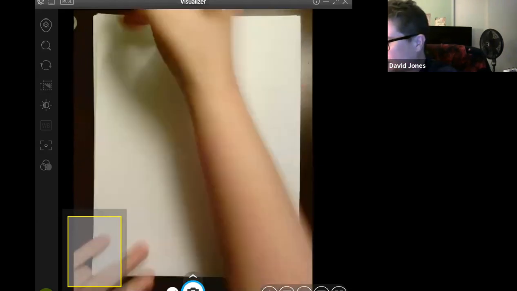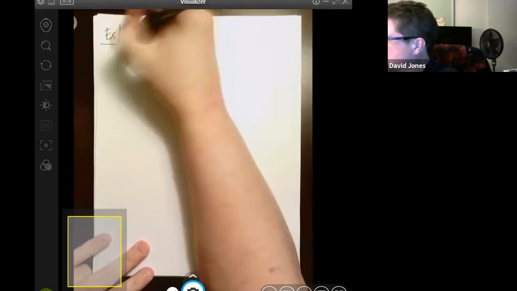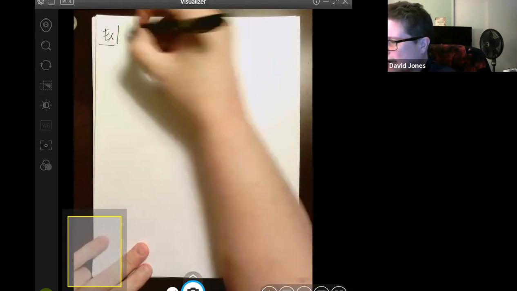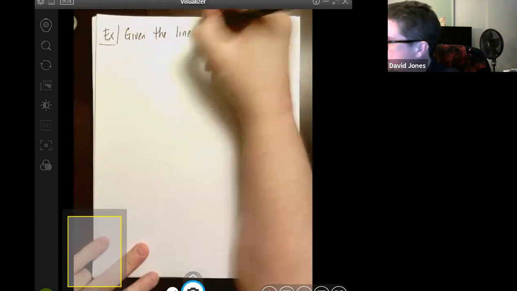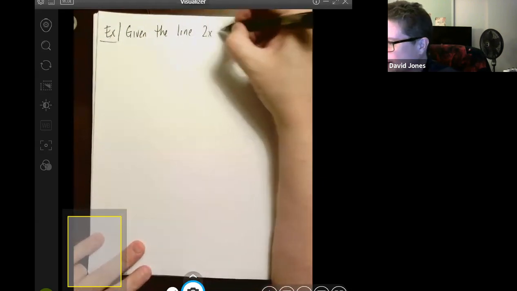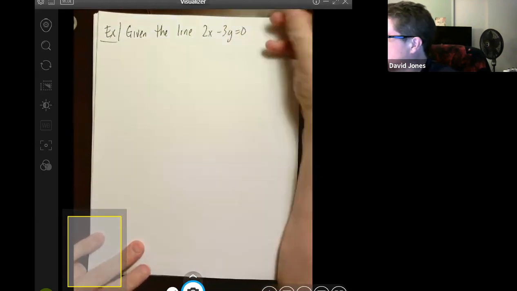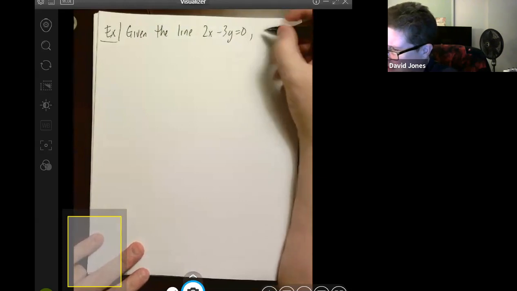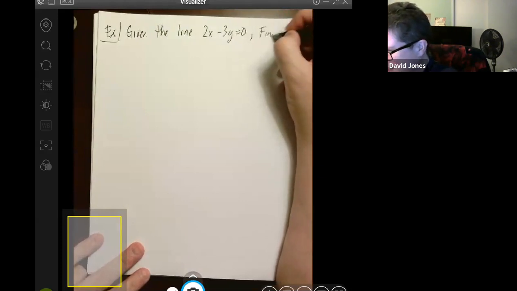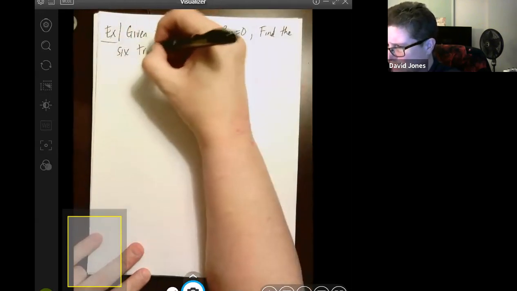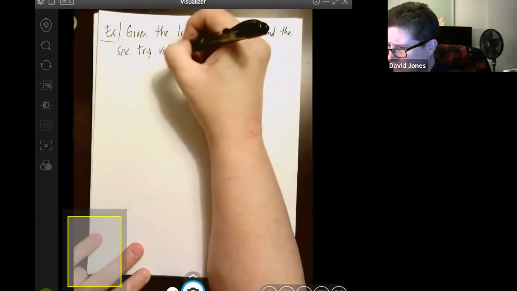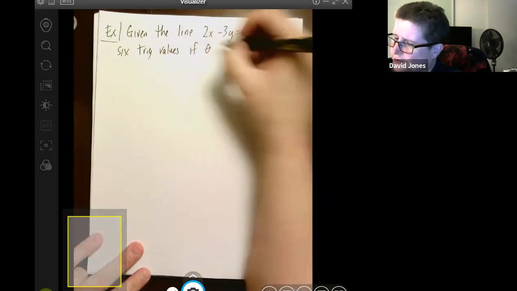All right, example. Given the line 2x minus 3y equals 0, find the 6 trig values if theta comes from standard position.